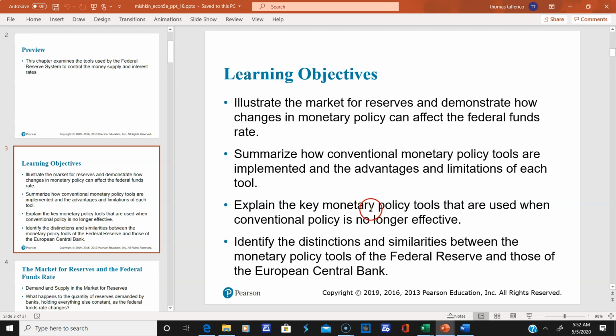And also we'll look at when conventional policies are no longer effective, as we're doing now with this coronavirus, how the Fed just right away threw money at it, and they flushed the economy with money, right, to try to keep it going, right? And the same way they did that in 2008. And we'll look at the distinctions and similarities between the monetary policy tools of the Fed and how they compare with the European Central Bank.